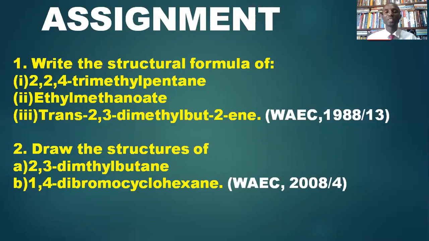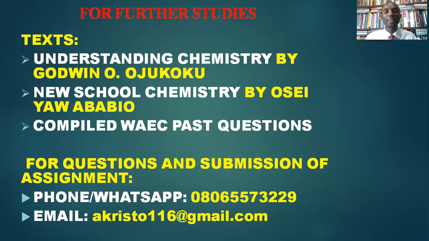And number 2 says, draw the structure of 2,3-dimethylbutane. Lastly, 2B, 1,4-dibromocyclohexane. Just try this particular exercise, and you can further study this topic through Understanding Chemistry, New School Chemistry, and compiled past questions and answers.